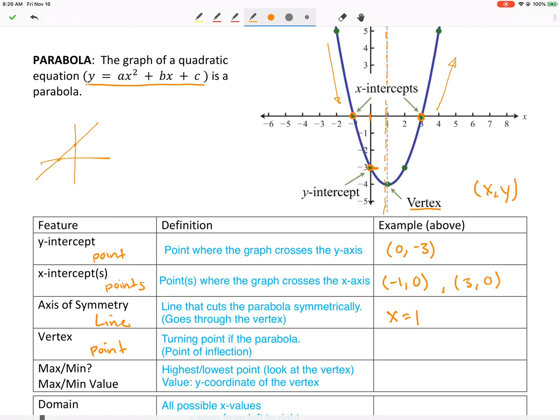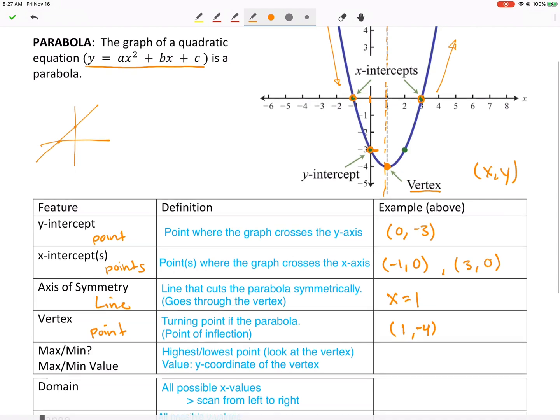So this turning point is the point where the slope switches from positive to negative, or negative to positive. Okay, so this point, we write it as an ordered pair, and the x value at this point is going to be 1, and our y value is -4. All right.